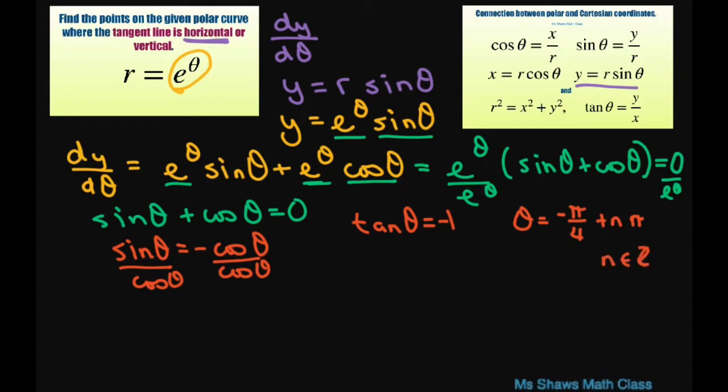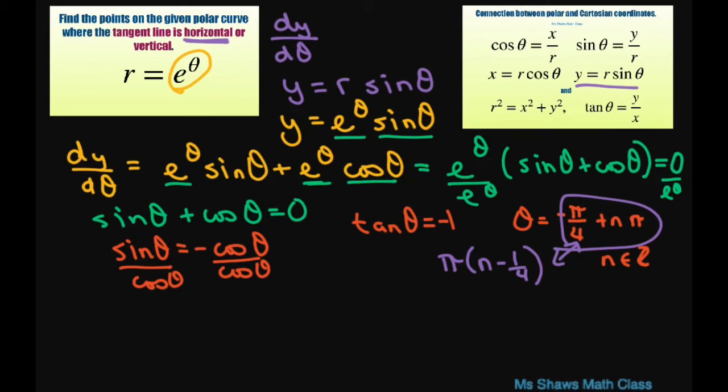Now I'm going to rewrite this right here as, factor out a pi and write this as pi times n minus 1/4. These are equivalent expressions. All right, now to find the points on the curve where it's tangent, what you do is substitute in our values.